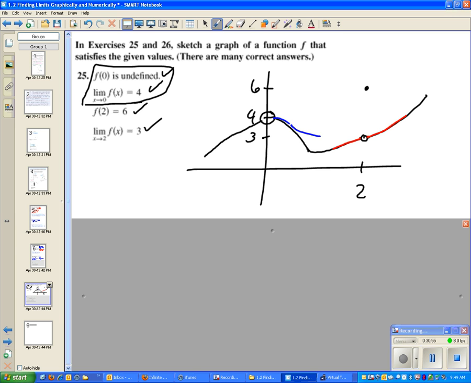I don't know. It might look like that. Like I said, we got a correct answer, not the correct answer. Yes. If this was a test question, everybody's graph would probably look different. Okay? All right. Any other questions?